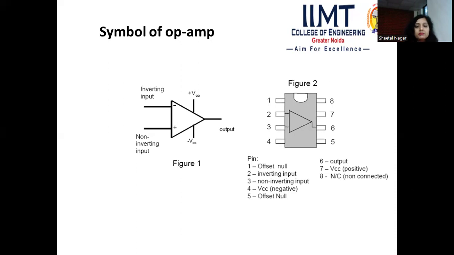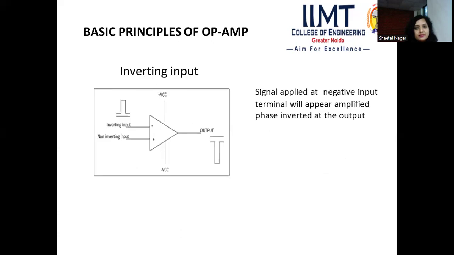Pin number 4 is used for the ground or negative VCC. Pin number 5 is used for offset null. Pin number 6 is the output pin, pin number 7 is used for positive VCC or positive voltage supply, and pin number 8 is the not connected pin.